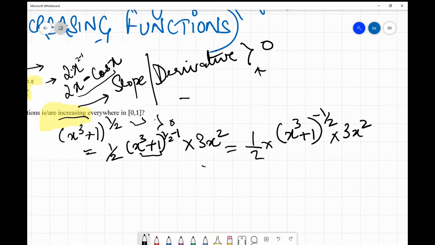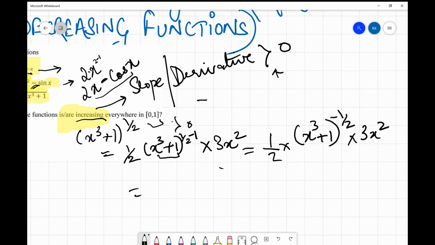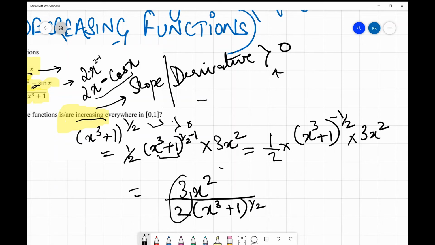If you write it in a clearer manner, it will be 3x square divided by 2 times x cube plus 1 to the power half. Now just analyze this. Over here, these two are constants. They are positive constants, so they hardly matter. Their sign is obviously more than 0.